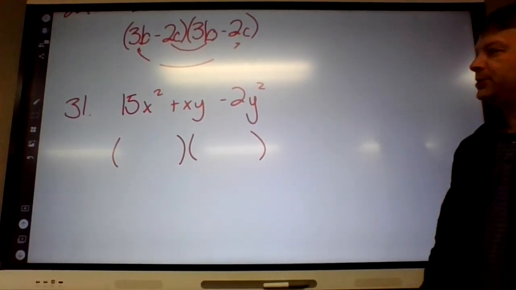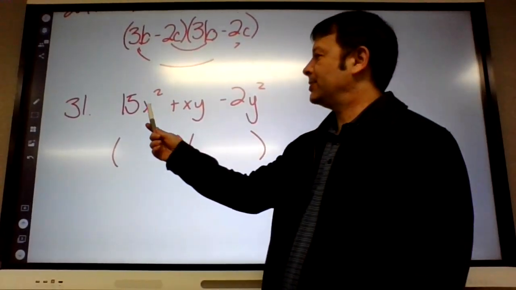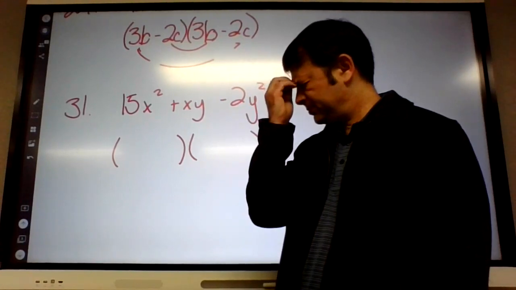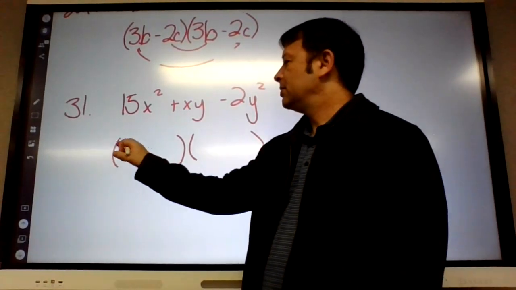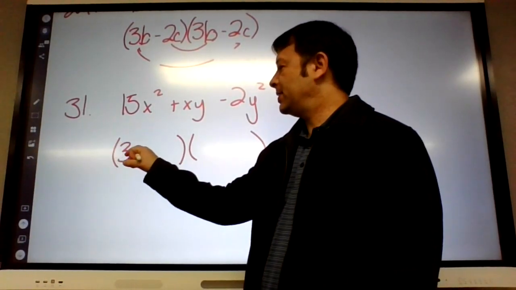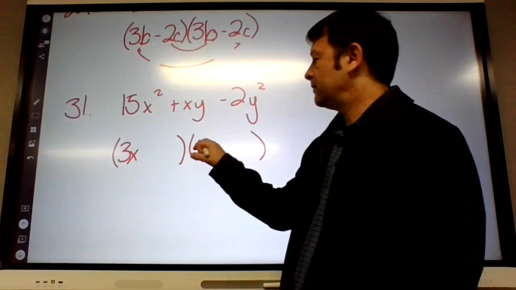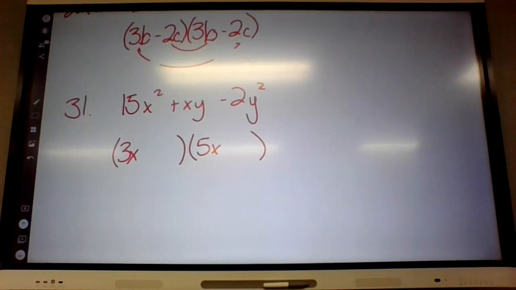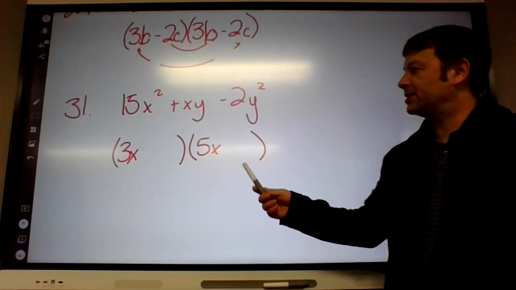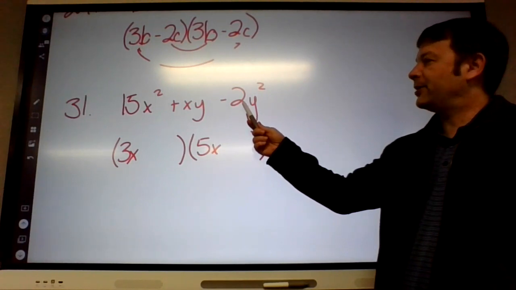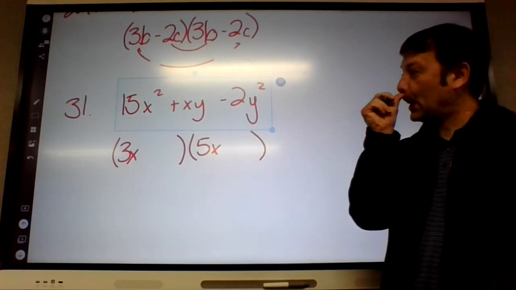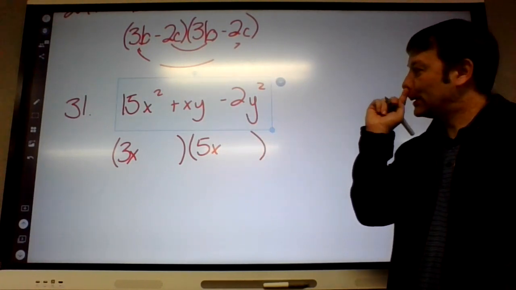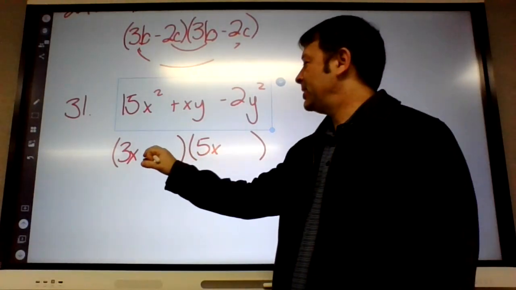Okay, Abby, what could go into the front on this one? What could go into that? 3x and 5x. Okay, that's probably right. It could be 1 and 15. I wouldn't bet on it though, but let's try this. What could go in the back? What could go into that? Negative 1 and 2. Yeah, could be negative 1 and 2.